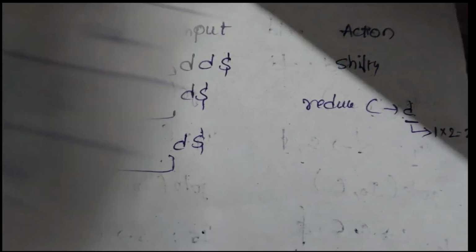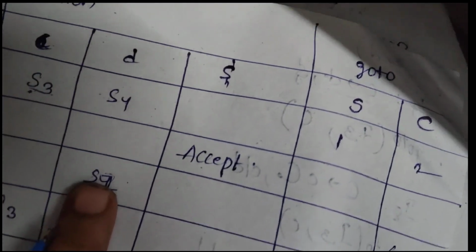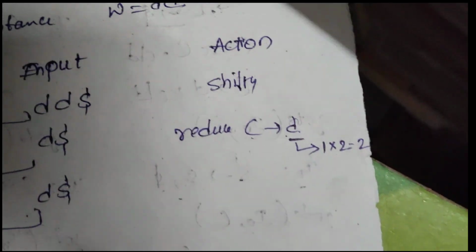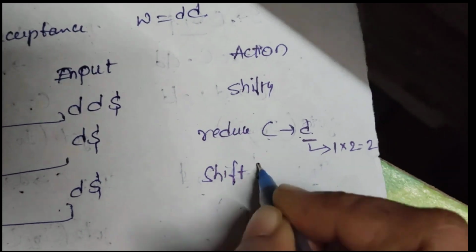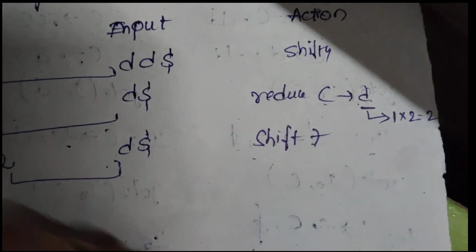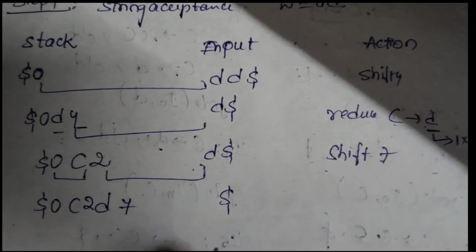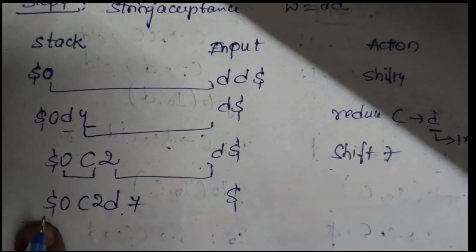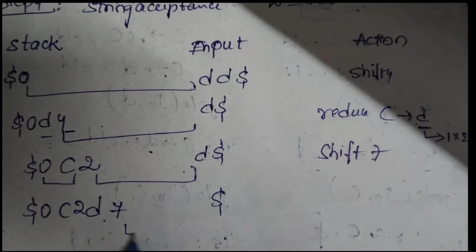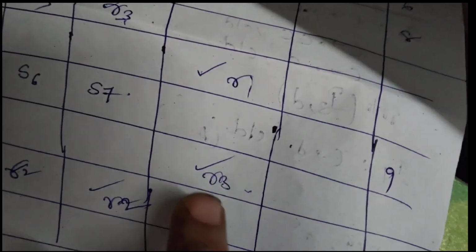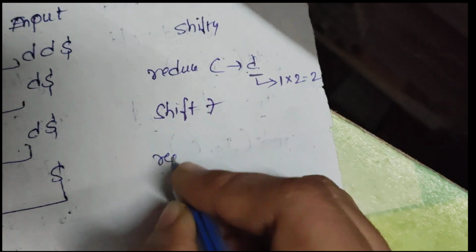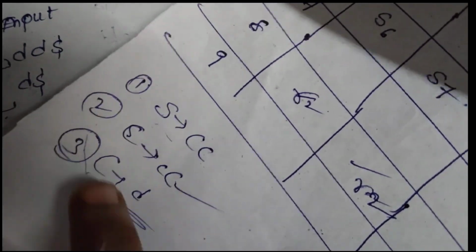2 and D. What is 2 and D? 2 and D is shift 7. So shift 7. You need to shift this D here and 7 here. After shifting D and 7 here, it looks like this. Now 7 and dollar. What is 7 and dollar? 7 and dollar is R3, which means we need to reduce. What is the third production? The third production is this one.